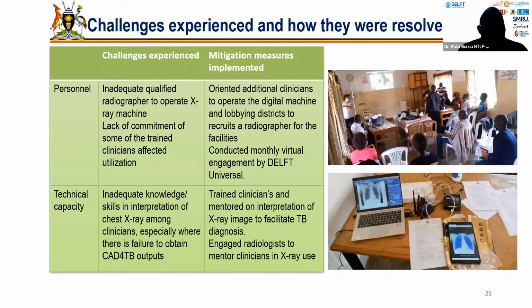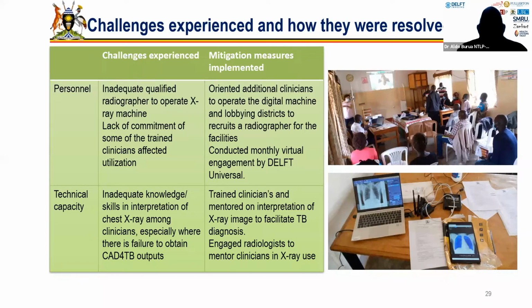I don't know if it's a technical problem or connectivity issues, but sometimes we do not get CAD4TB outputs for some of the X-ray screens done. In such situations, the clinicians have to interpret these images by themselves.